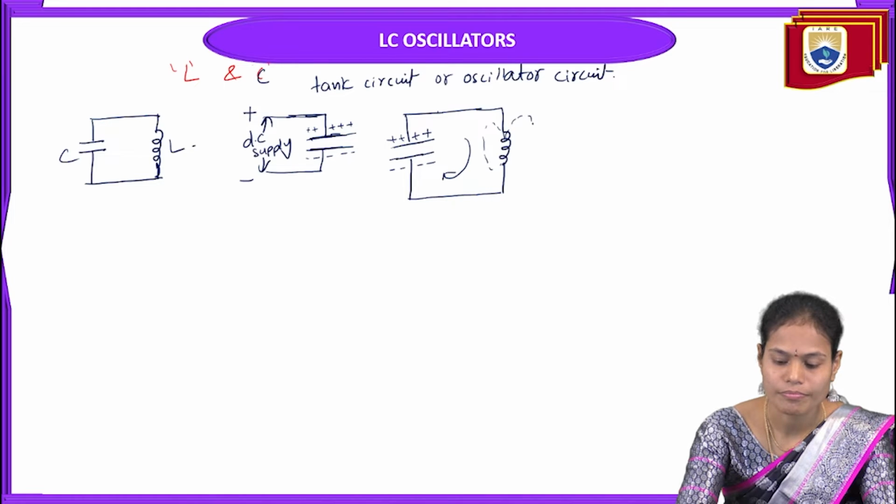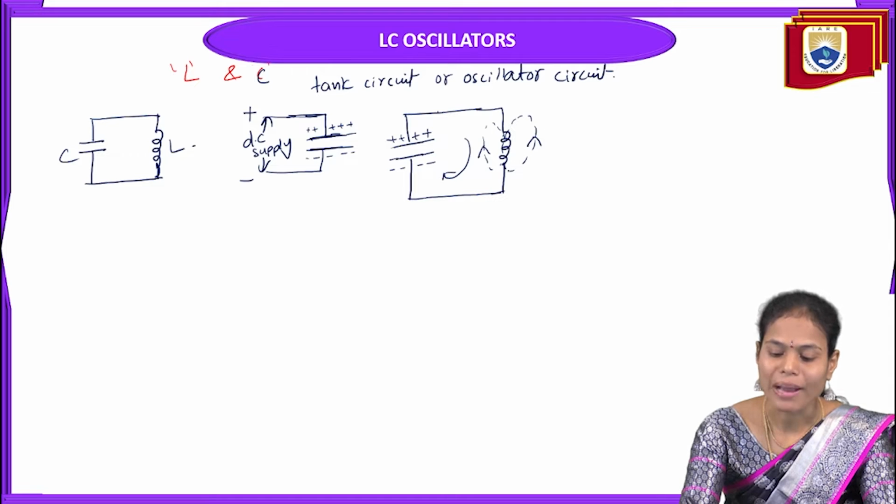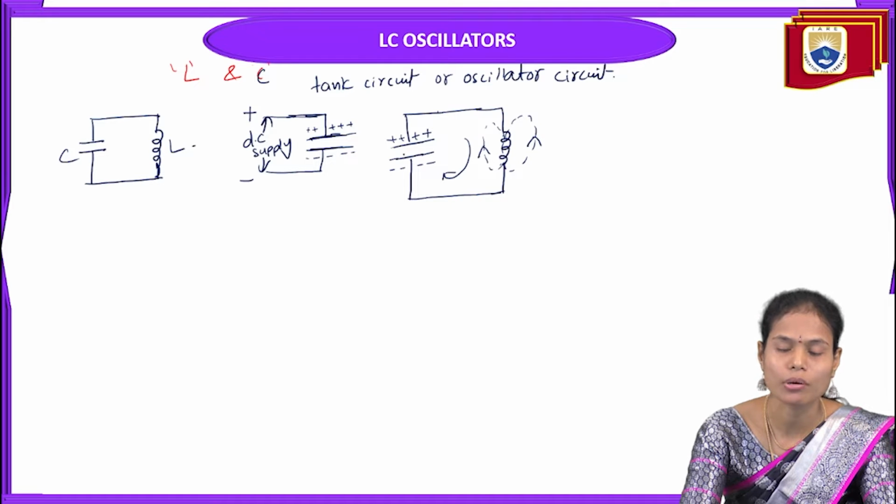Once the capacitor starts discharging, the inductor acquires the magnetic field. Why? Because in the case of a capacitor, the energy is stored in the form of an electrostatic field. So once it is discharging, the energy is accumulated across the inductor in the form of a magnetic field.